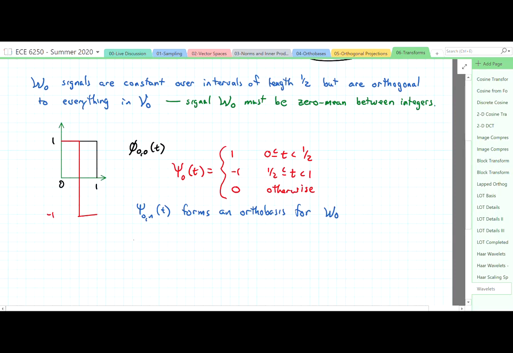And just in general, then we can define the scaled version of this the same way we did with our φ functions: ψ_{j,n}(t) = 2^{j/2} ψ(2^j t − n). And so this is an orthobasis for Wj.